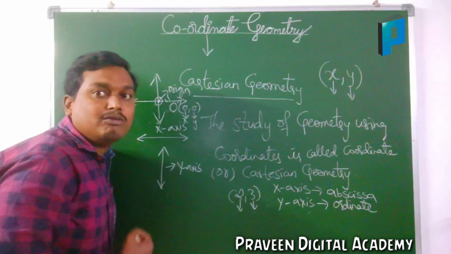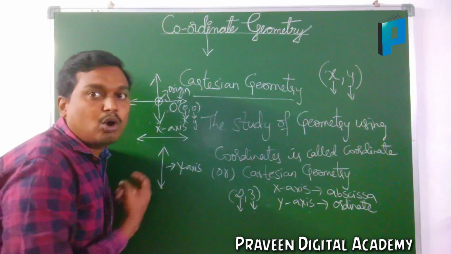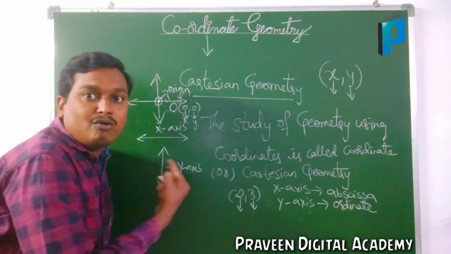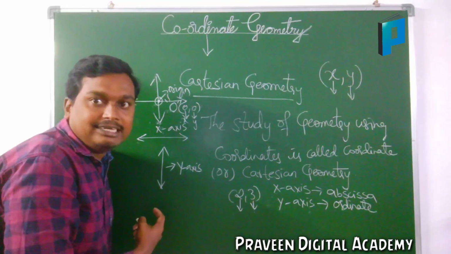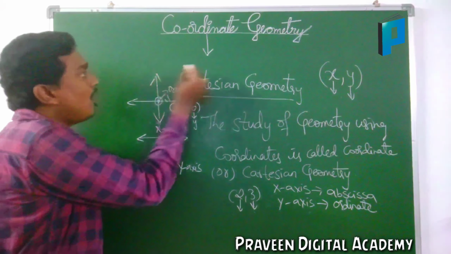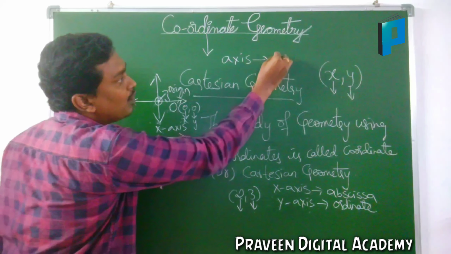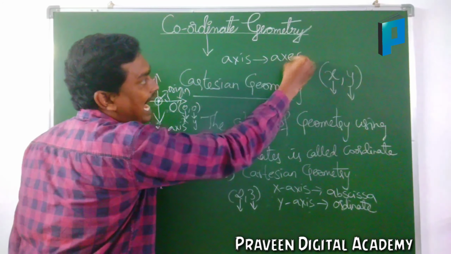The plural form of abscissa is abscissae, and the plural form of ordinate is ordinates. The plural form of axis is axes.